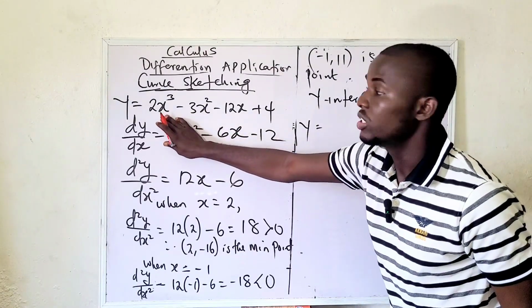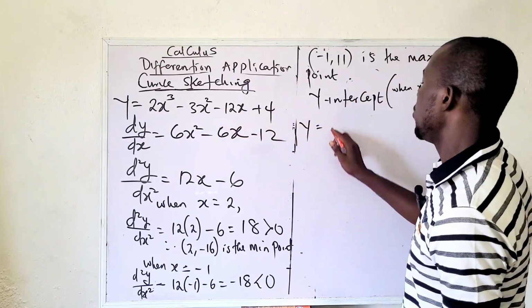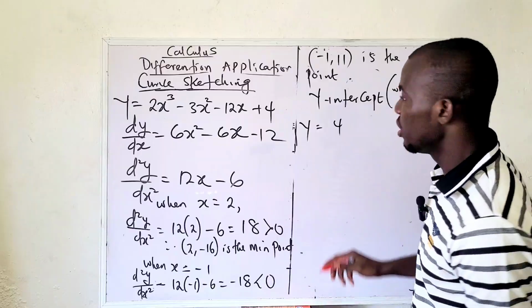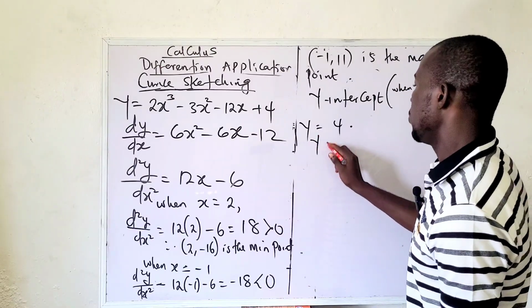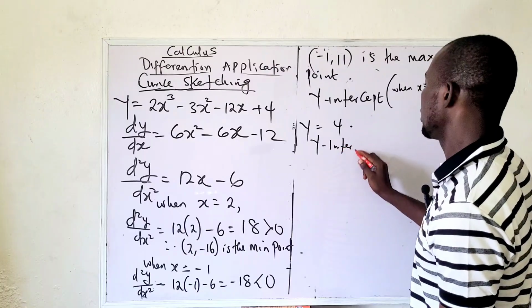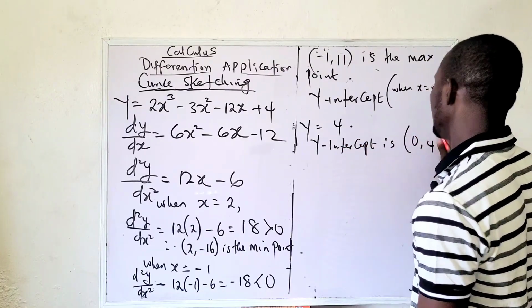If we say x equals 0, this one will go to 0, this one will go to 0, this one will go to 0. y will be equal to 4. So the y-intercept is 0 comma 4.